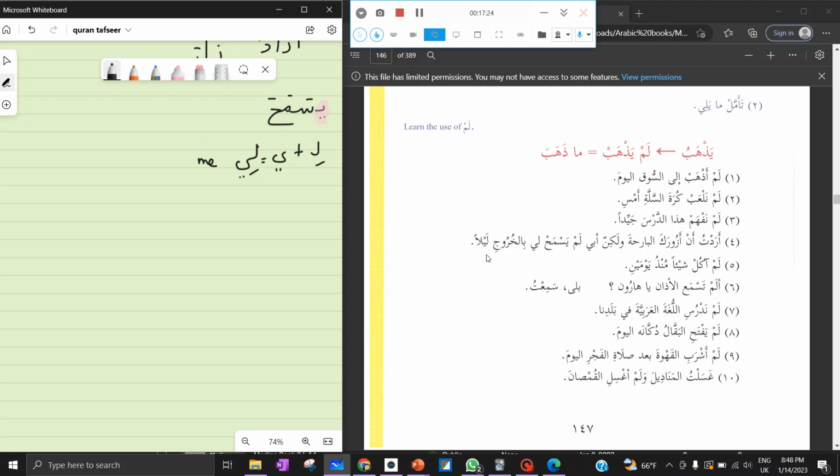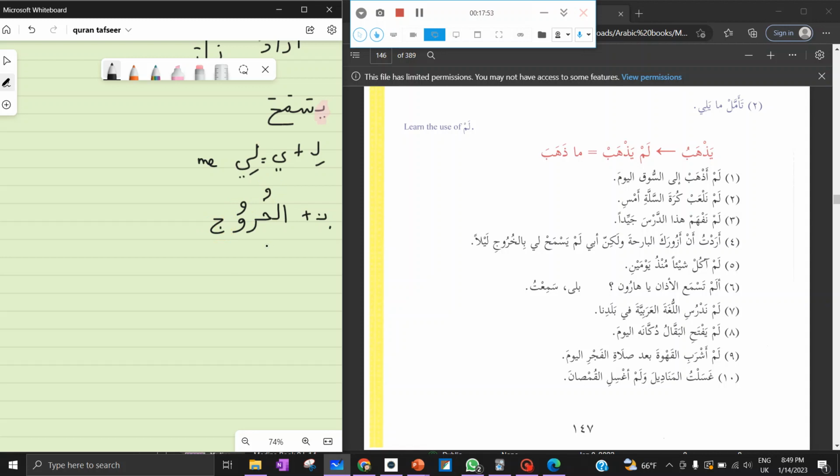Now this bil khuruj is masdar. Masdar means verbal noun. Verbal noun means any words with ing ending. Like in English we say going, eating, sitting, standing. All these are verbal nouns with ing words. In Arabic we say masdar. Bil with harf jar bi plus al khuruj.